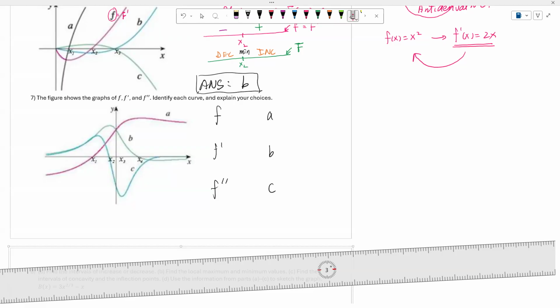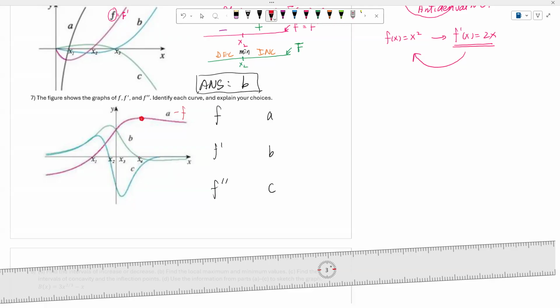Now let us look at A. If A is F, then the critical number that I have is somewhere here. Maybe this one, x sub 4, is my critical number. Then the function is increasing and then decreasing.